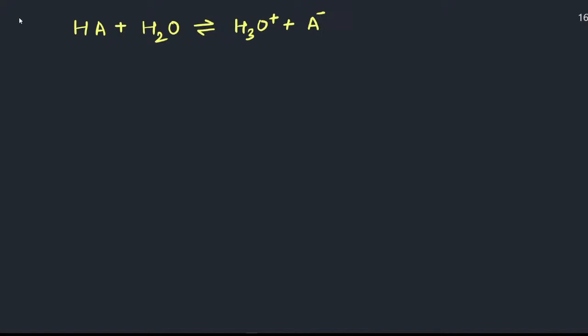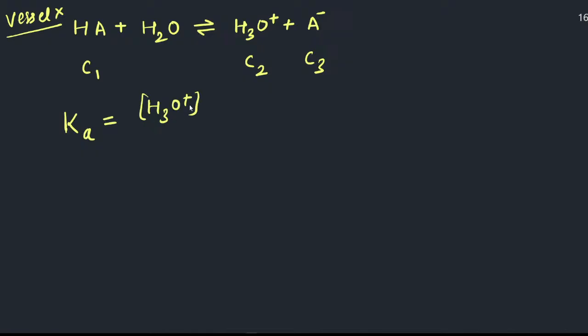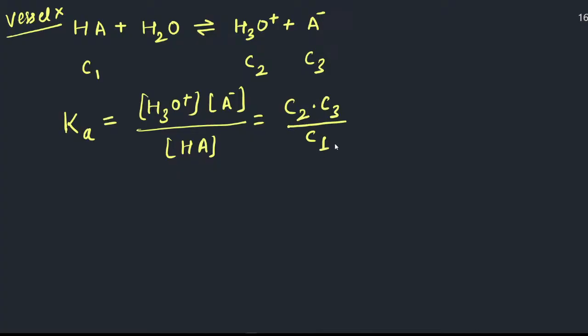This is vessel X. So Ka is H3O plus concentration times A negative concentration divided by HA concentration, which is C2 into C3 divided by C1.